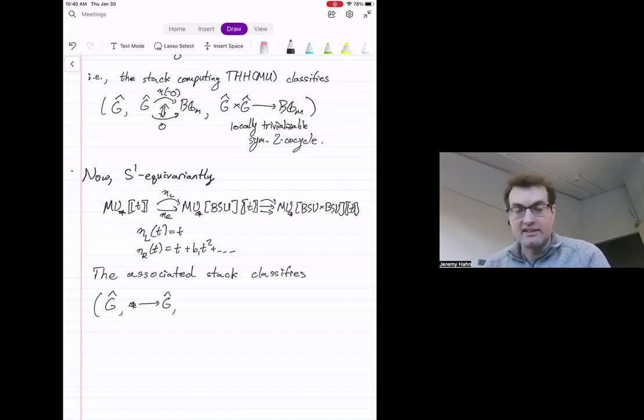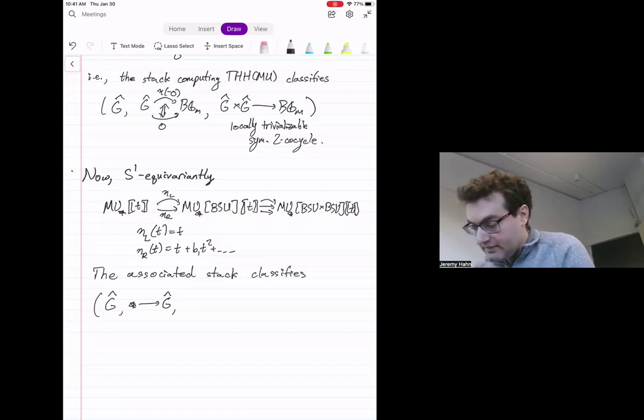It's a section of the formal group. So just MU star adjoin T would classify the formal group with a section together with a coordinate. So we have the formal group and the section. And we're still going to have our locally trivial symmetric 2 cocycle, which I might call G. And we'll call this section S.